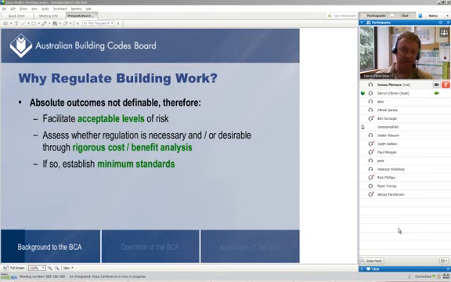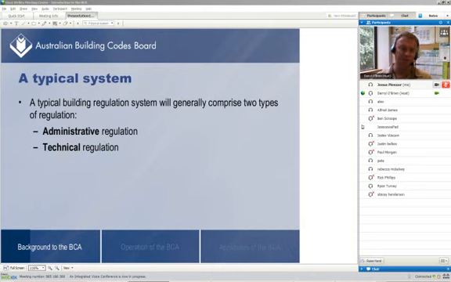But the ABCB's been doing a lot of research of late in relation to slips and falls in buildings, and has determined that handrails are a quantifiable factor in reducing the risk of slips and falls. Therefore, under the amendments from this year on, we have handrails in buildings. So that's how, in a way, the process of the cost-benefit analysis would work. But there's a lot more detail that we could go into on that.